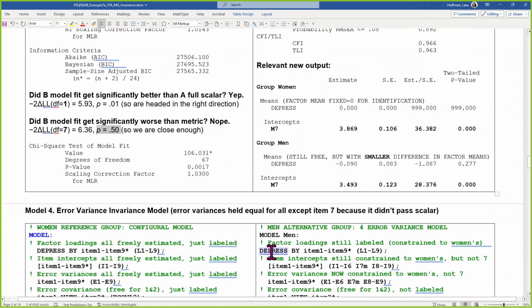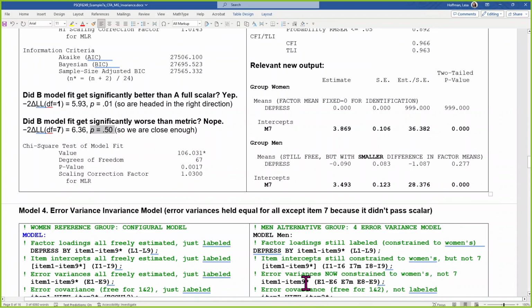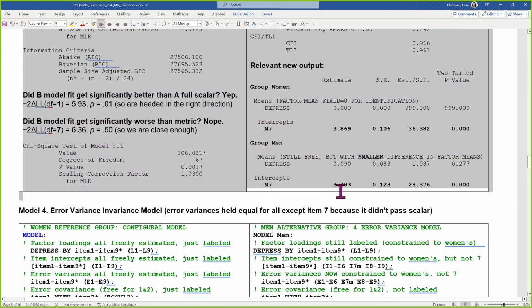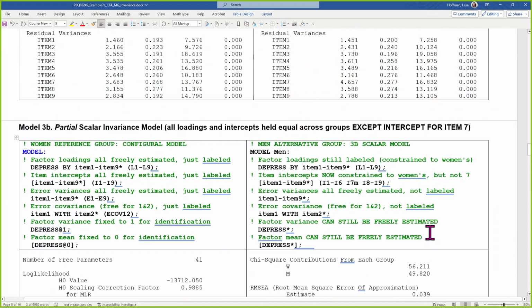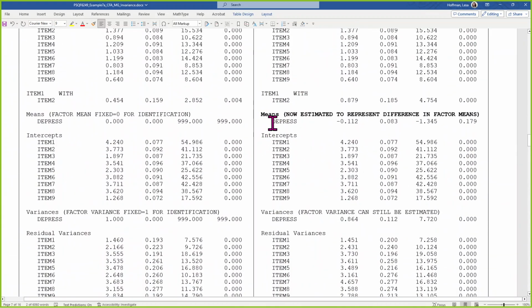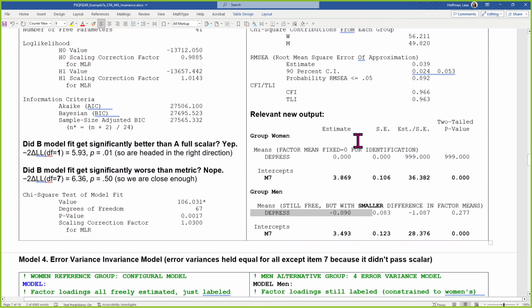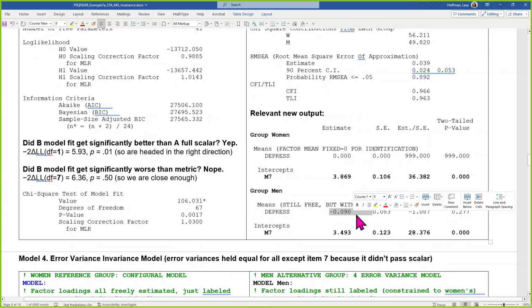The relevant new output, by the way, is here's what the intercept was estimated to be for women. Here's what it was estimated to be for men, so pretty close to what was predicted. And note that the factor mean has changed as well. Previously, the factor mean in the alternative group was minus 0.11. Now it has changed a little bit to be minus 0.09.